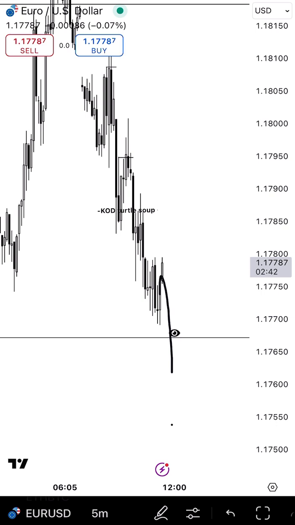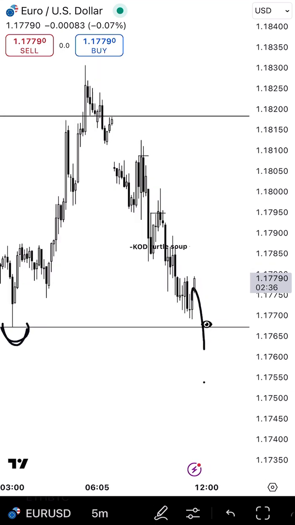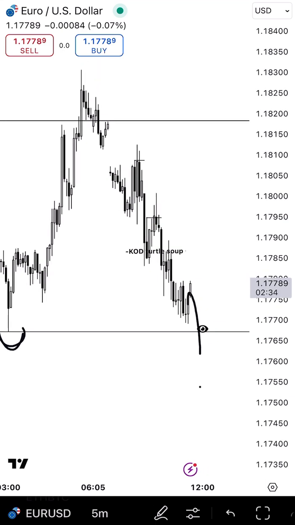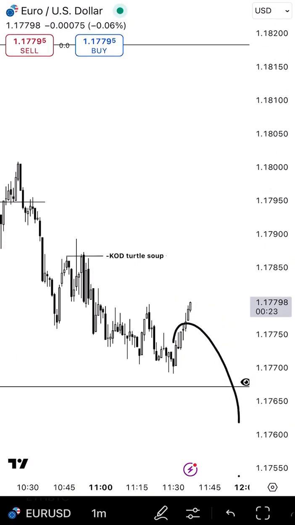There is an SMT occurring between the pound and the euro and the dollar. But you can't take an SMT seriously unless it shows you a strong confirmation, which it hasn't shown yet.